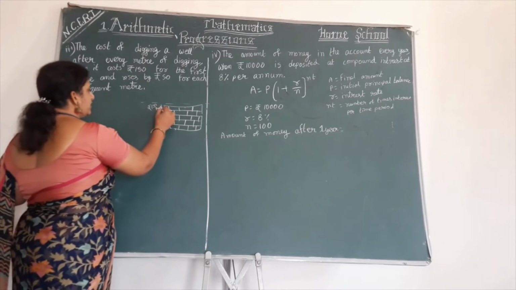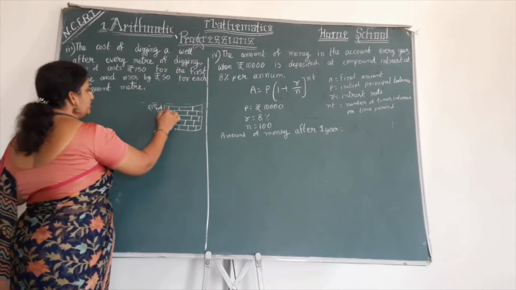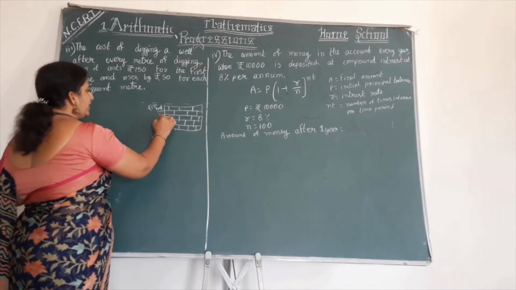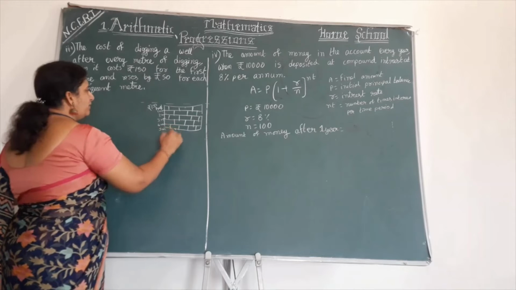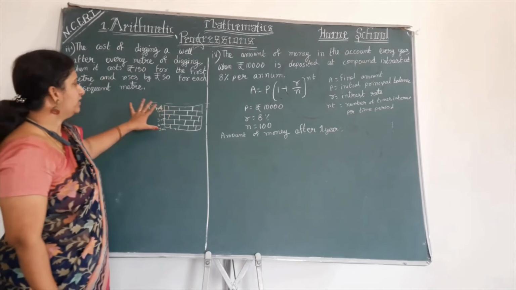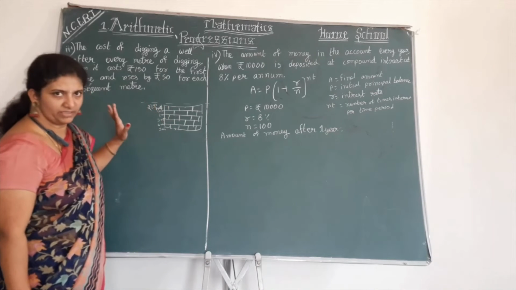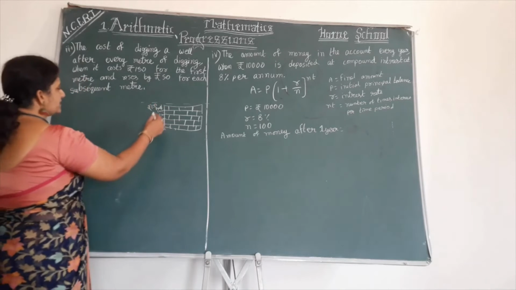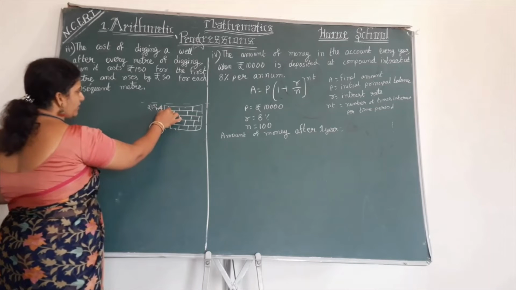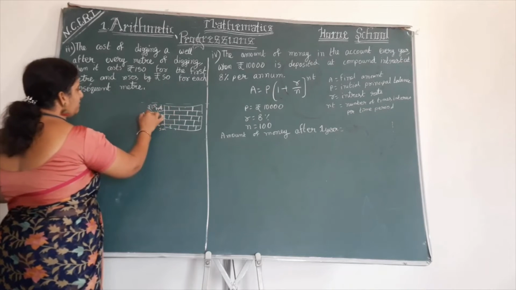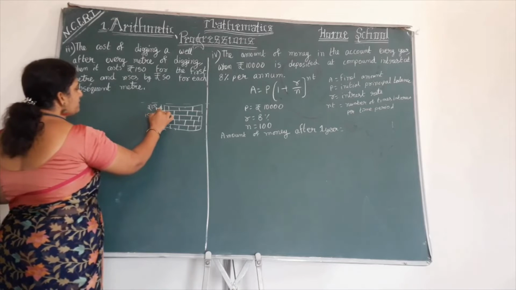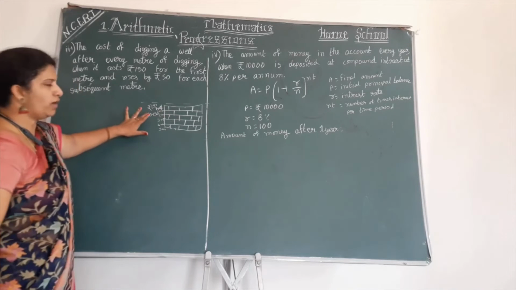So look here children. This is 1 meter, 2 meters, 3 meters. Just imagine 4 meters. 5 meters. A well is dug of height 5 meters. So just imagine first meter how much you are paying? 150 rupees. Second meter 150 rupees plus 50 is how much? 200.